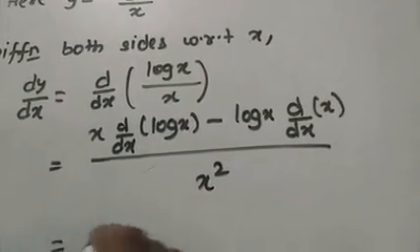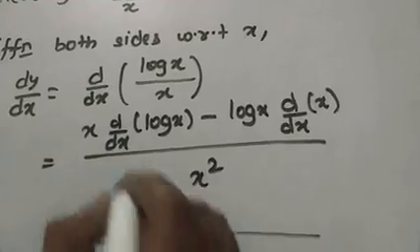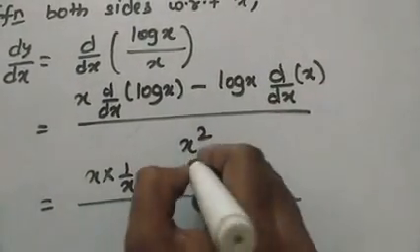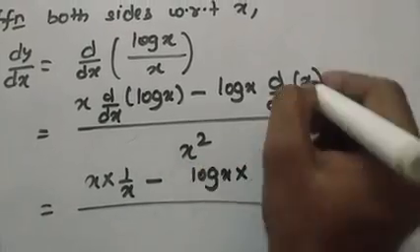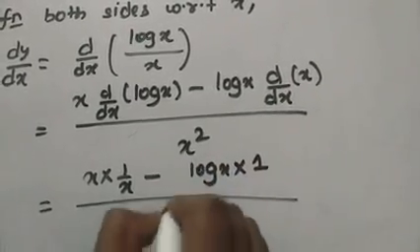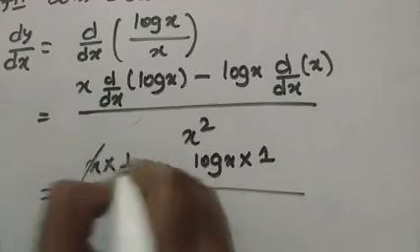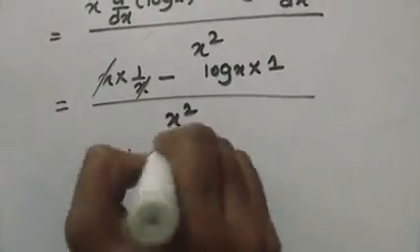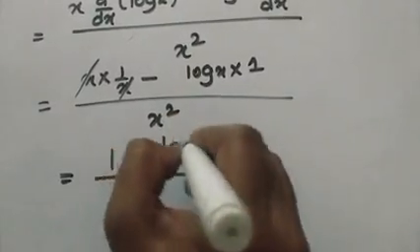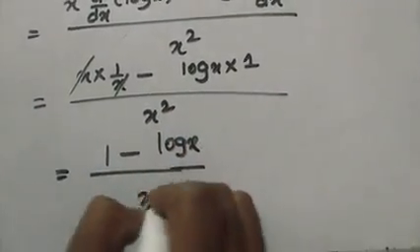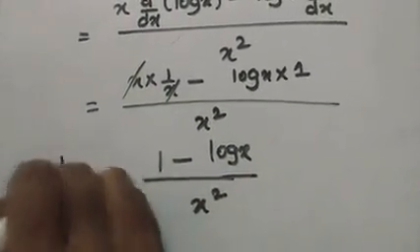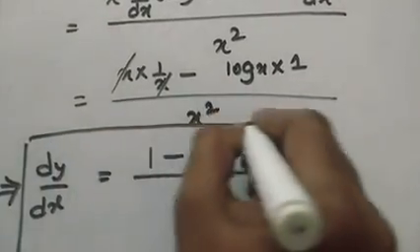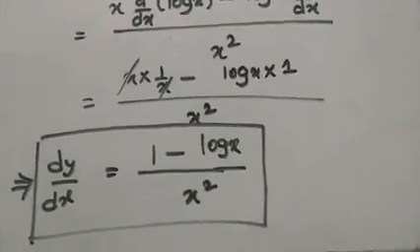So that is x, d dx of log x is 1 by x, we know that, log x times d dx of x, which is 1, divided by x square. So here x and x are going to be cancelled. So finally what we get is 1 minus log x by x square. So this is our dy by dx.